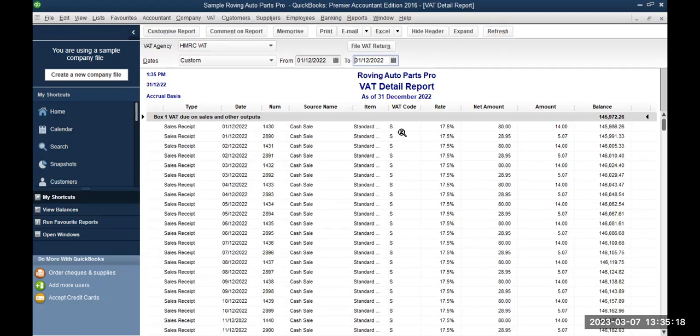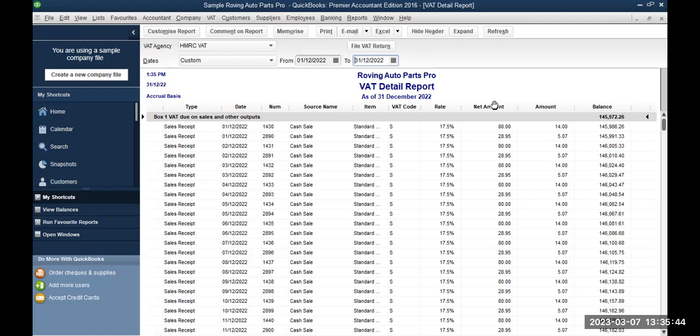So this gives you all the transactions that have VAT on them. It shows you the details of the transactions, the transaction number, the receipt number, the VAT rate that was applied, because you might have more than one VAT rate. You might have standard rated, exempt supplies, or zero rated supplies. So here it shows you the rate.